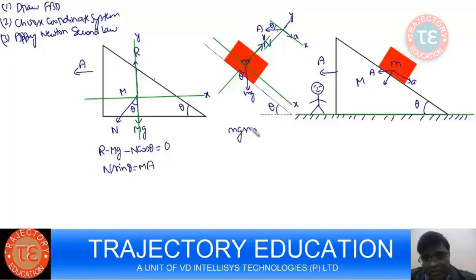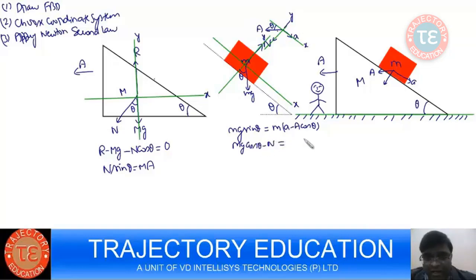And what's the net force? Net force is going to be mg sin theta equals m into (a minus A cos theta). And what is net force in y direction? What is the acceleration in y direction? You have a component of capital A in negative y direction, that is A sin theta. And what is net force in negative y direction?